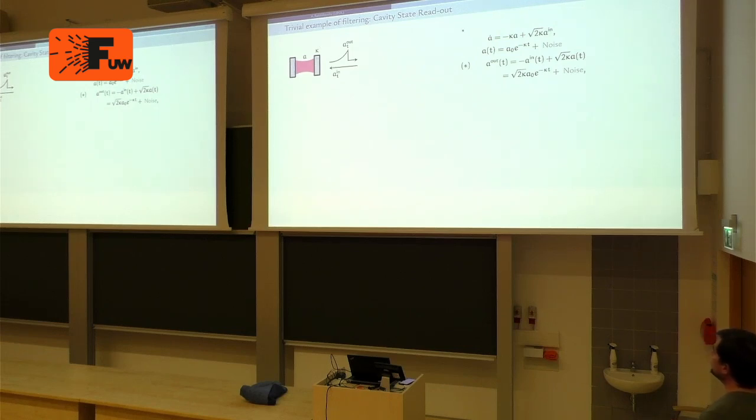Well, I can write the Langevin equation for the intracavity field, and it has a very trivial solution, just the exponential decay plus the noise. And I can write the input-output relations for essentially the boundary condition on this cavity mirror, which will give me the field that leaks from the cavity.